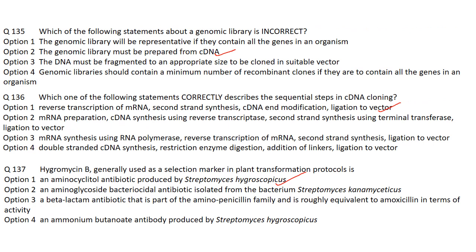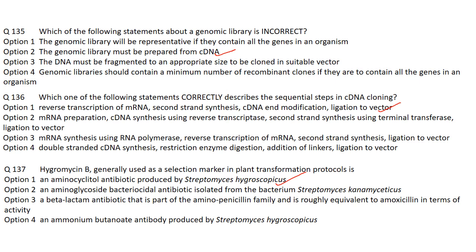Which of the following statements about genomic library is incorrect? What is a genomic library? It is a collection of the total genomic DNA of a single organism. The genomic library will be representative if it contains all the genes in an organism. The genomic library must be prepared from cDNA. No, that is not correct.